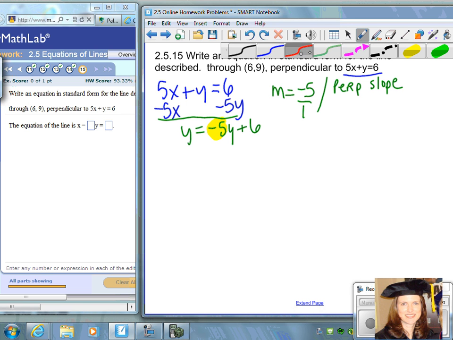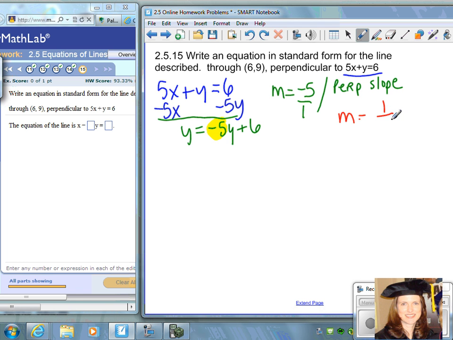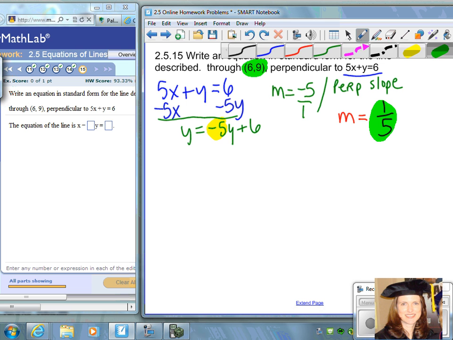The slope that we're going to use is the reciprocal, 1 over 5, and the opposite sign. Since this is a negative slope, the perpendicular slope is going to be positive. To find the equation of the line, we need the point and the slope. We're going to use this perpendicular slope along with this point to come up with the equation of the line.